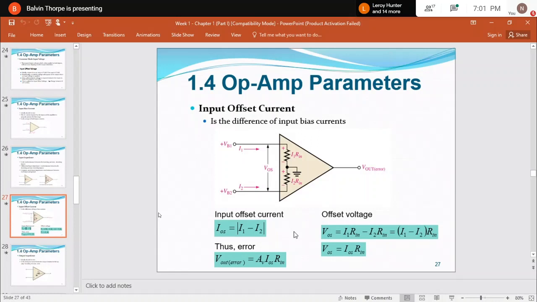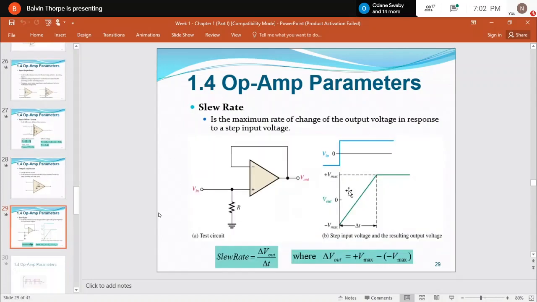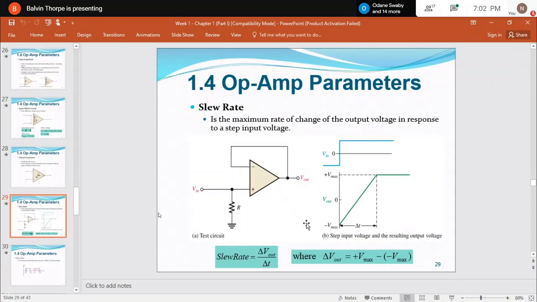That is, a portion of the output is sent back to the input through a feedback mechanism. And that's what is happening right here. That's what I was trying to describe before.